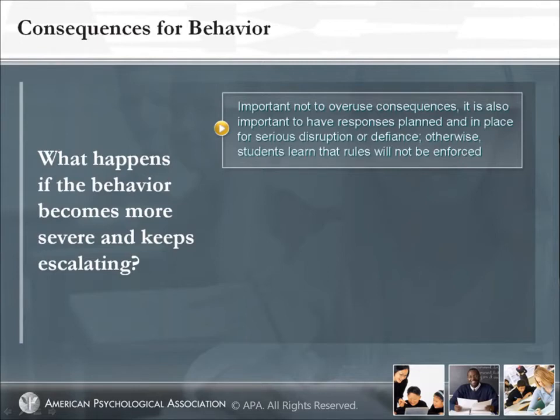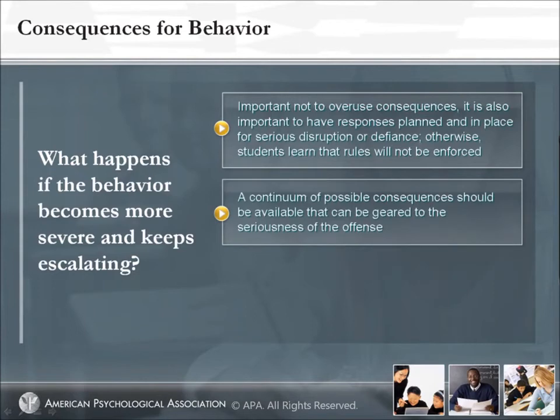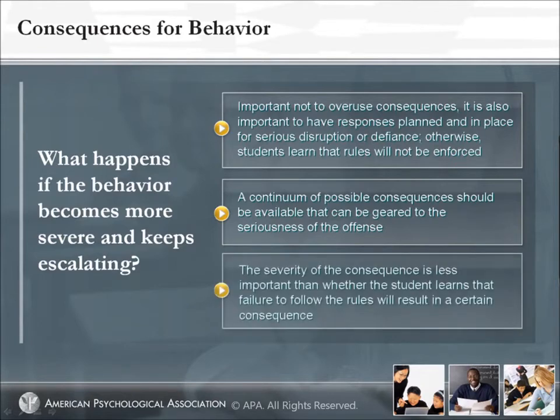Otherwise, students learn that rules will not be enforced. To be most effective, a continuum of possible consequences should be available that can be geared to the seriousness of the offense. In general, the severity of the consequence is less important than whether the student learns that failure to follow the rules will result in a certain consequence.